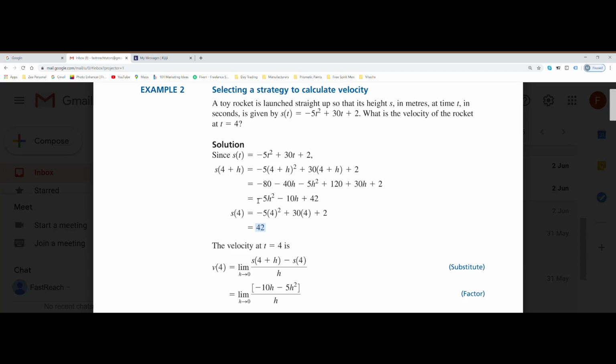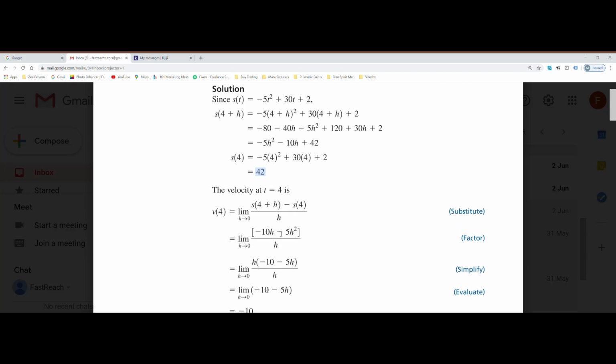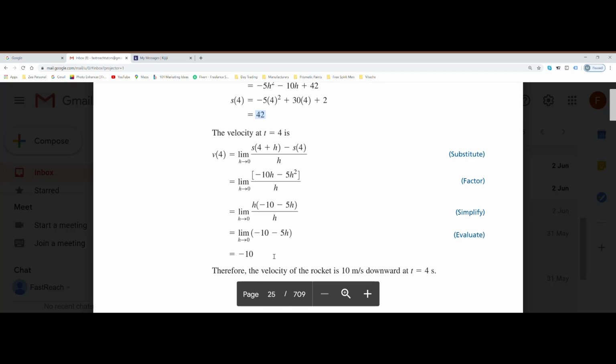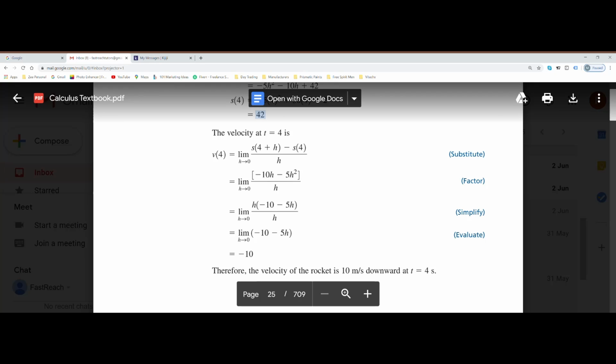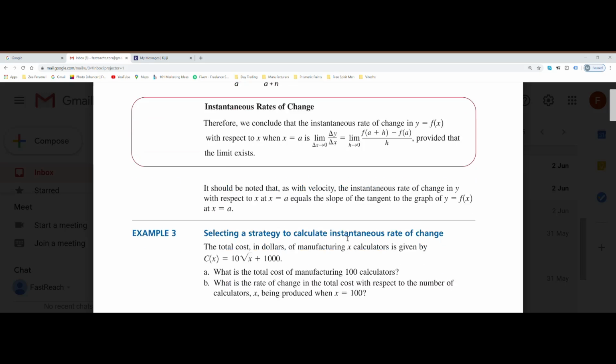So you're just left with negative 5h squared minus 10h, and then you factor out the common h, and you're left with negative 10 minus 5h. When you substitute 0 for h, you're left with negative 10. So you find that the instantaneous velocity is 10 meters per second downward at t equals 4 seconds. So let's jump into the questions.